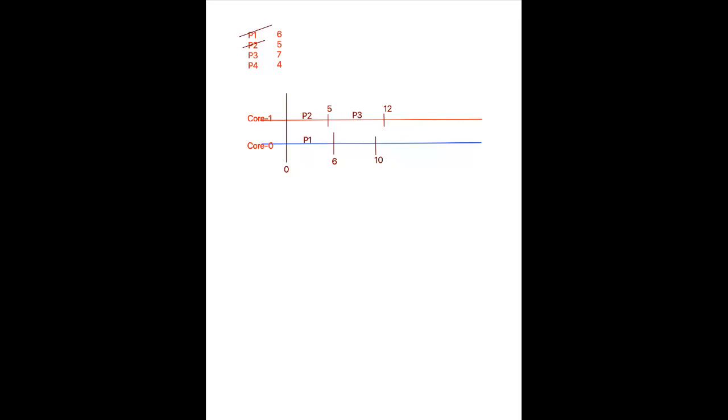In the earlier example, waiting time for P1 was 0, for P2 it was 6, for P3 it was 11, and for P4 it was 18. So 6 plus 11 plus 18 divided by 4. That was the average waiting time. But here with multiple processors, P1's waiting time is 0, P2's waiting time is 0, P3's waiting time is just 5, and P4's waiting time is 6. So it is just 6 plus 5, 11. Whereas previously it was 6 plus 11 plus 18.